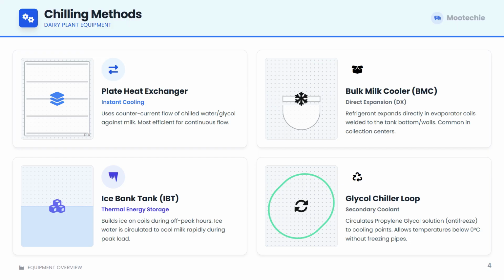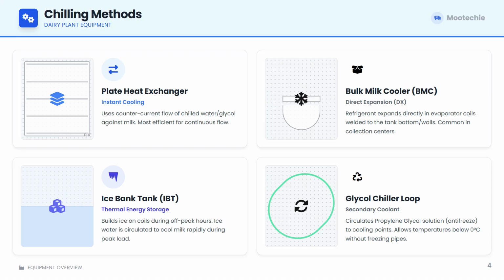Third, ice bank tank. Stores thermal energy. Ice is formed during off-peak hours and used for cooling during peak load. Fourth, glycol chiller loop. Uses glycol solution as secondary coolant, allowing temperatures below freezing without pipe damage. Selection depends on plant capacity and design.